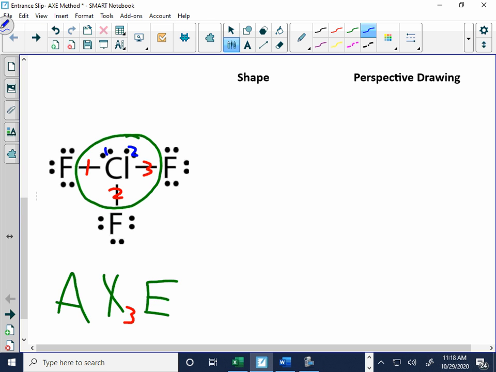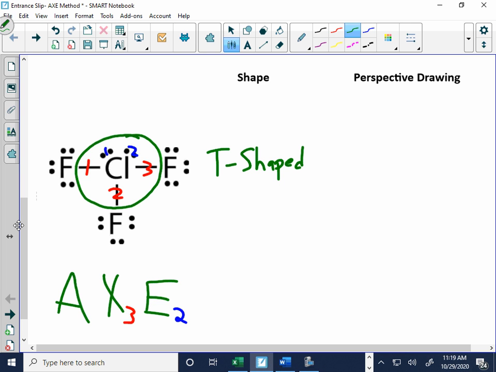I have 1, I have 2. So I have 2 non-bonding domains. I come back to my ACTS packet, and I'm looking for AX3E2. And what it tells me is that I am dealing with T-shaped. Correct?